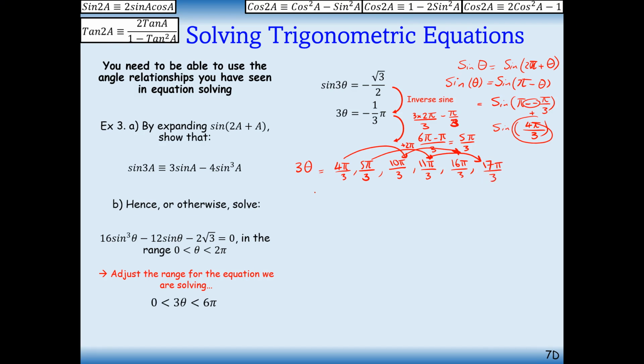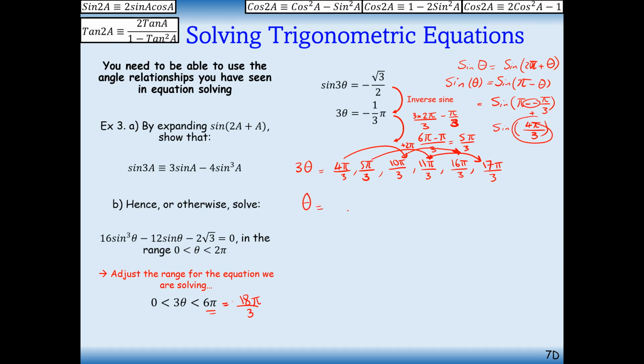Now, how sure am I this is still within the range? Because 6 pi is the same as 18 pi over 3. So all of those values up to 17 pi over 3 are still less than 18 pi over 3. Okay, so these are our answers for 3 theta.